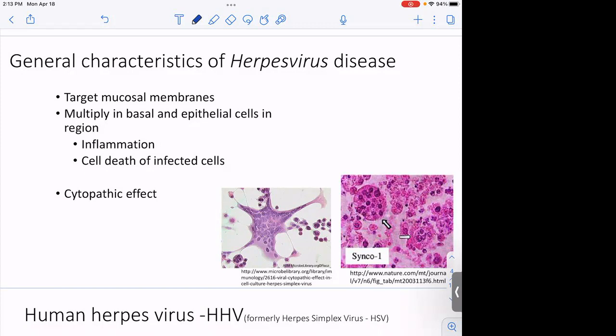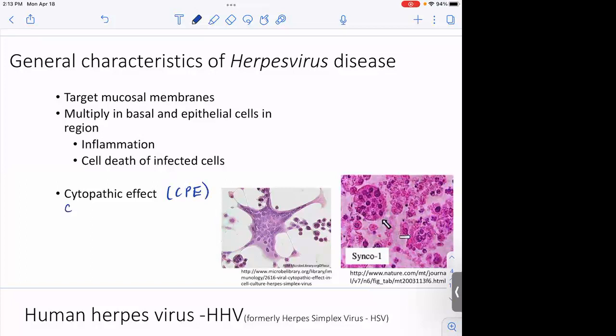And when we're diagnosing somebody with a herpes virus infection, you don't typically take a body sample and look at it under an electron microscope. That's a really expensive, time-consuming way to try to diagnose a viral infection. Usually we look for some cytopathic effect, okay? And you see this abbreviated CPE.